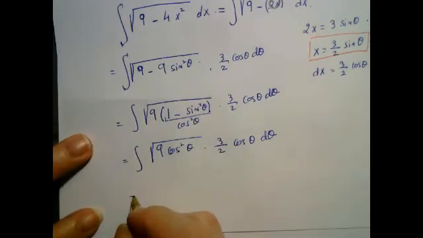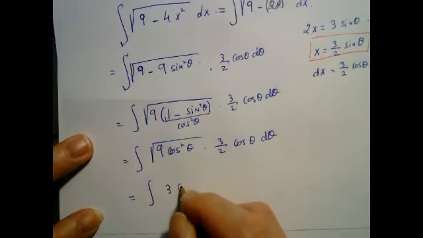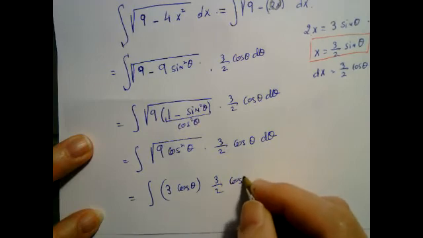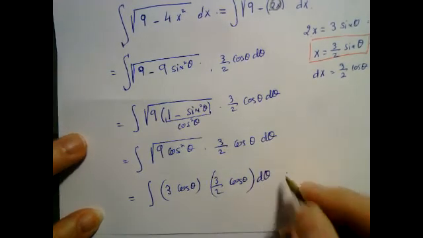Verbatim like the previous problem, it's 3 cosine theta times 3/2 cosine theta d theta.